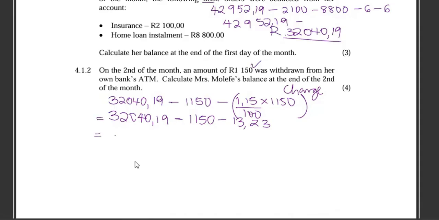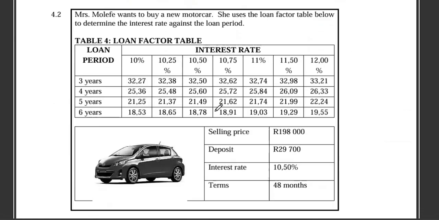Your final answer is going to become, so that's your final answer. So the balance will be 30,876 rands, 96 cents.